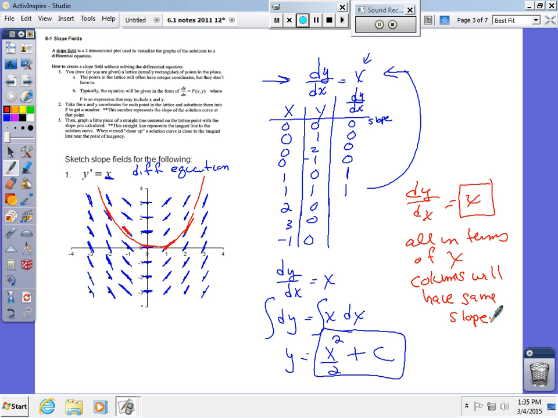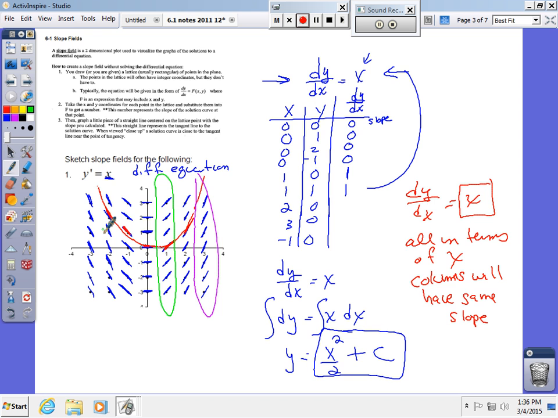Meaning this: all of the slopes in this column will be the same. All of the slopes in that column will all be the same. So if it's in terms of x, once you get one of these, you can get them all real quickly. So you can see all along these columns we have our same slope everywhere.